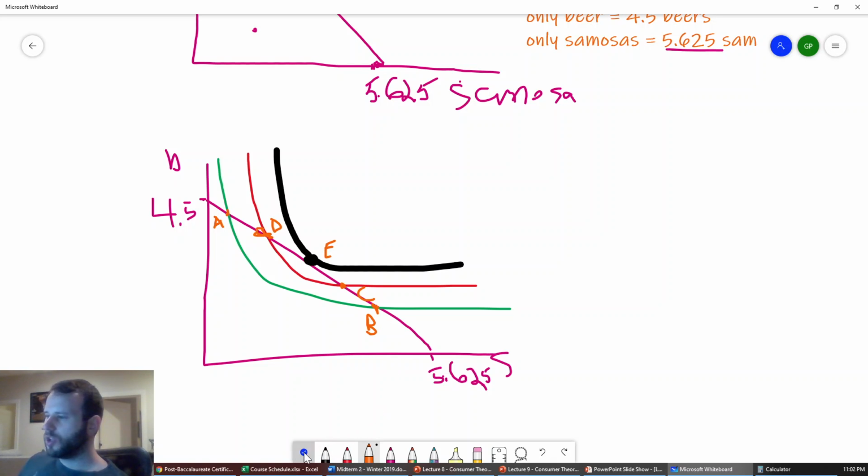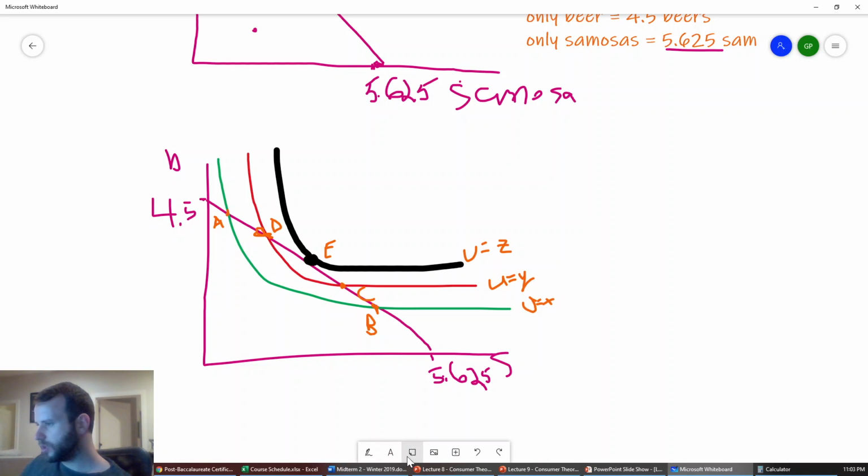Okay. So what can we say about the utility of A, B, C? Oh, also, utility equals X. Utility equals Y. Utility equals Z. We said that Z is greater than Y is greater than X. Okay.